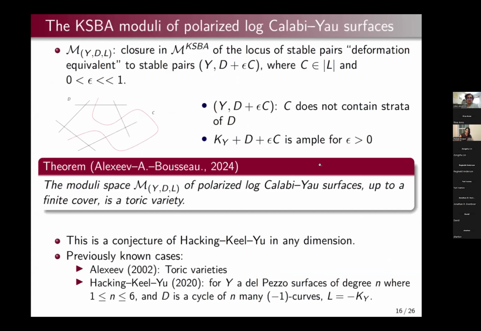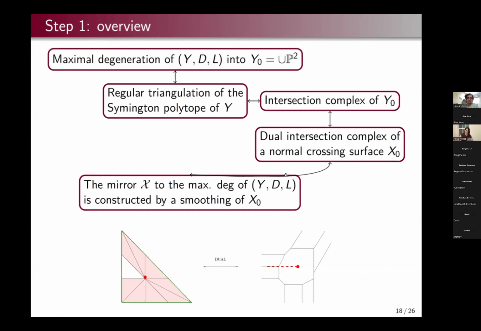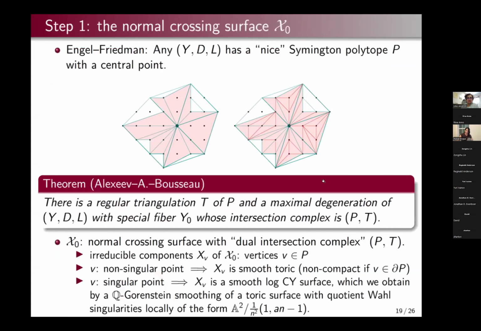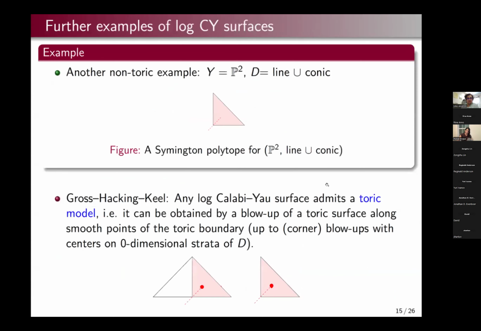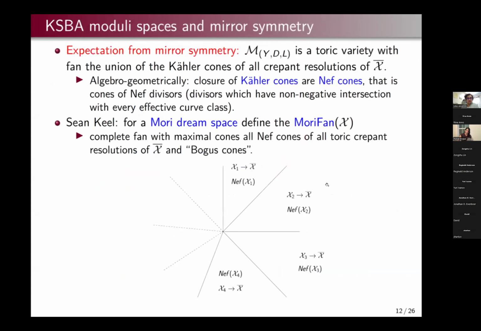In our non-toric setup, we consider not only all possible nef cones of possible crepant resolutions, but we sometimes add these Bocuse cones here. Furthermore, there's a technical detail that I skipped: if two cones differ by an M1 flop, we identify them to get our finiteness. But at the end of the day, what we obtain is a compact projective toric variety.